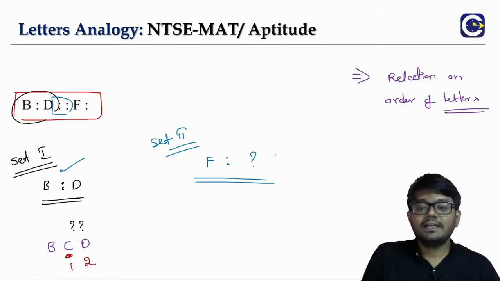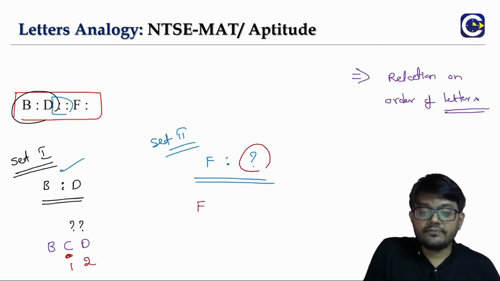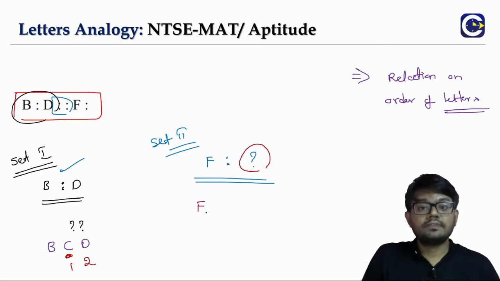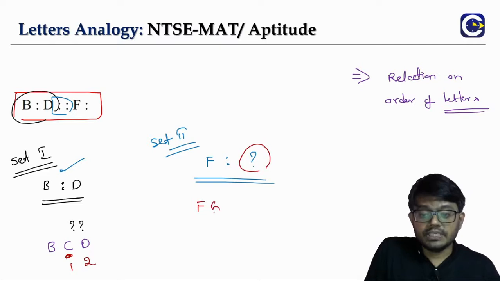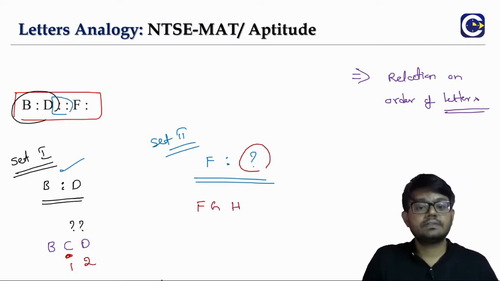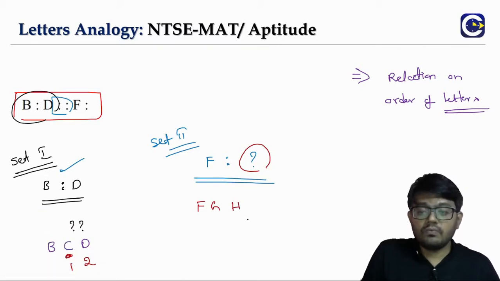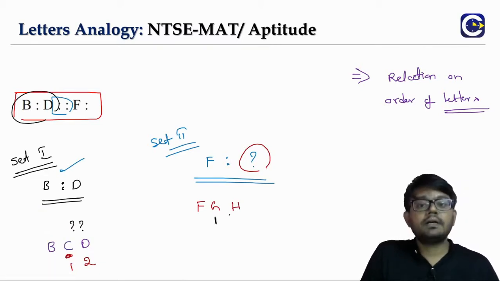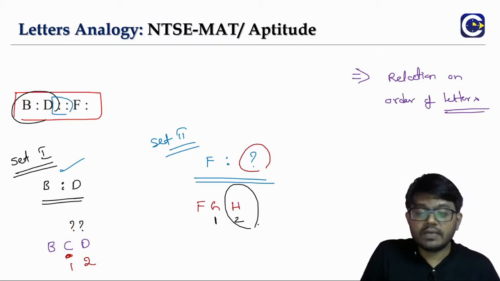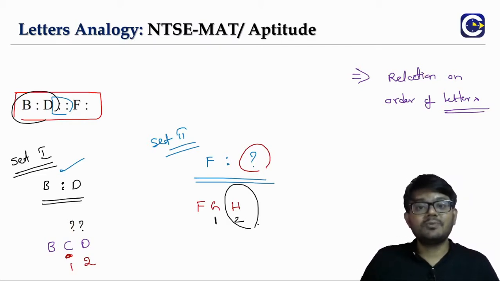So here, what will be the missing letter related to F? What will come after F? G, then H. So we have to leave one gap, and the second one is going to be the letter related to F. Same relation.